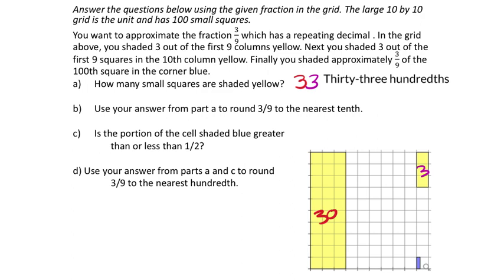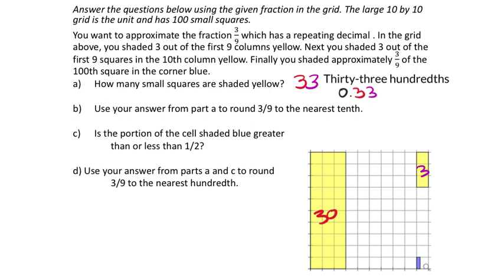We're looking for the decimal part of this, so use your answer from part A to round 3/9 to the nearest tenth. Notice we don't really care about this blue one, because that 33/100ths as a decimal would be 0.33. That's 33/100ths. And if we wanted to keep that color-coded, you have 3/10ths and also 3/100ths.